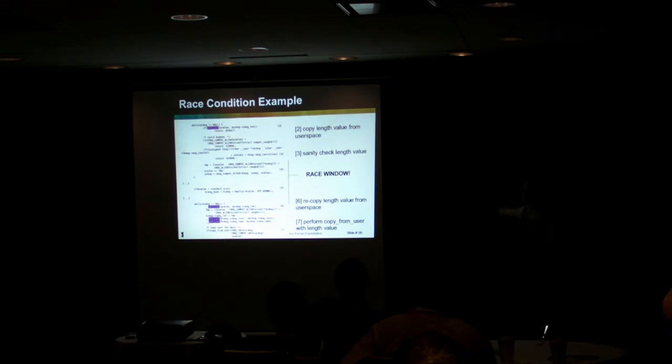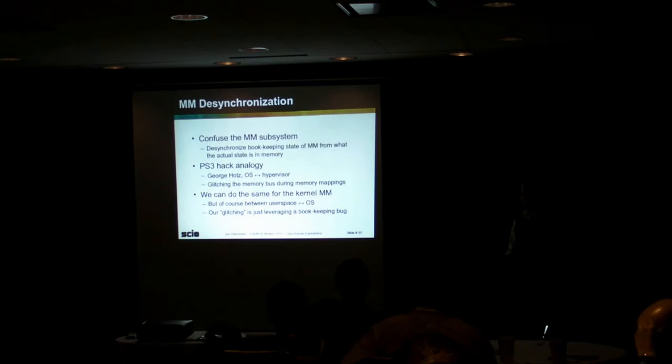So even though it was copying the same memory address in both of these get_user calls, there's this window of time where we would actually be able to race and change the value that it is trying to retrieve in between these two get_user calls. So it could pass the validation in step 3. We can change it. It will copy in the new malicious value, and then it will do a copy_from_user with this malicious length value, allowing us to overflow. I think this was a kmalloc buffer.